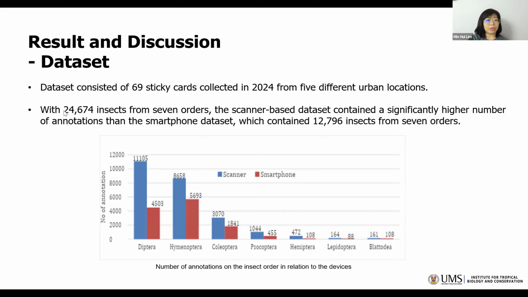The scanner data set has 24,674 insects from 7 orders, a slightly higher number of annotations compared to the smartphone data set, which contains only 12,796 insects from the 7 orders. This graph shows the breakdown between scanner and smartphone annotated data for different insect orders. Just now I mentioned housefly is in the Diptera order.